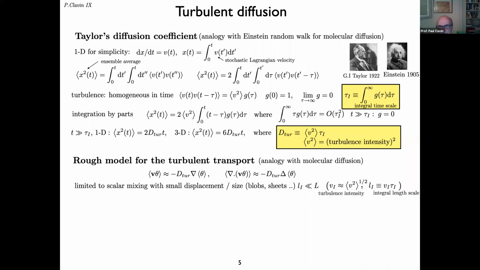All these models are very limited, saying that the turbulent diffusion is of order of what is called an integral length, associated with the correlation length here, times the amplitude of the fluctuation, the turbulent intensity.